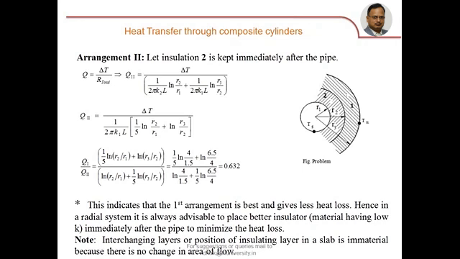The sum remains the same because there is no change in area. So hence, in a cylindrical system, when you are going for a multi-layer lagging to reduce the heat loss, it is always advisable to have a better insulator immediately next to the pipe. Very important inference drawn through this example problem.